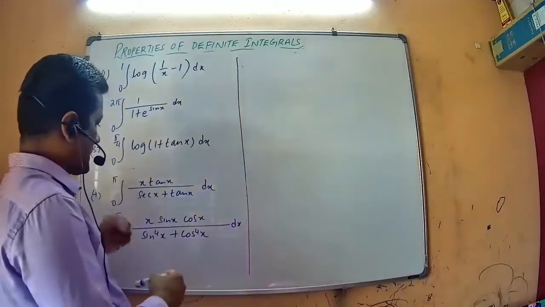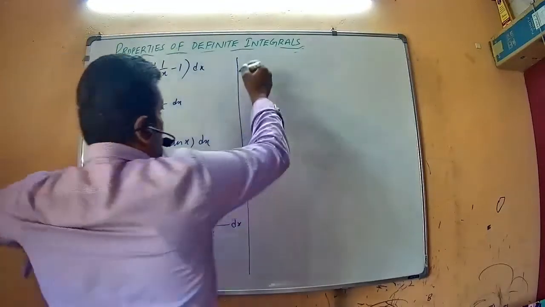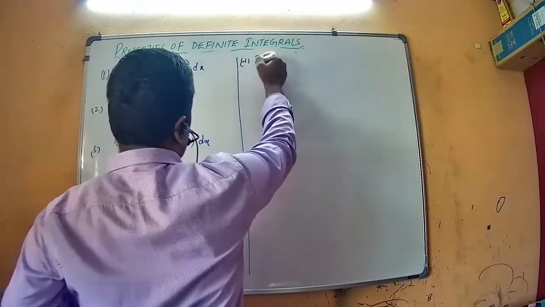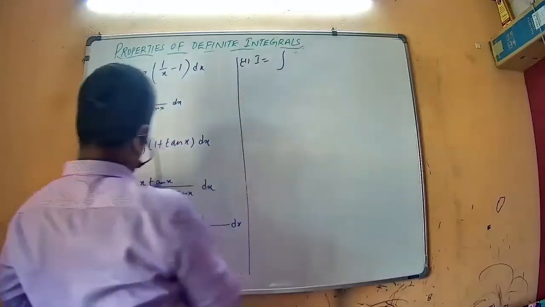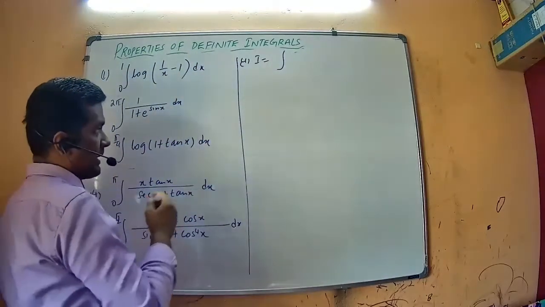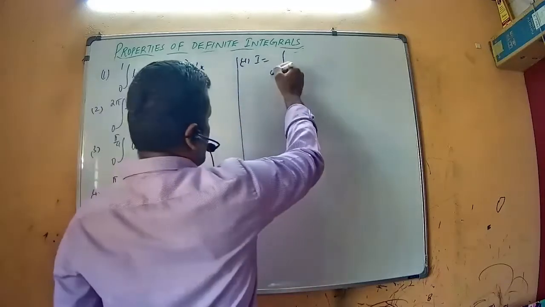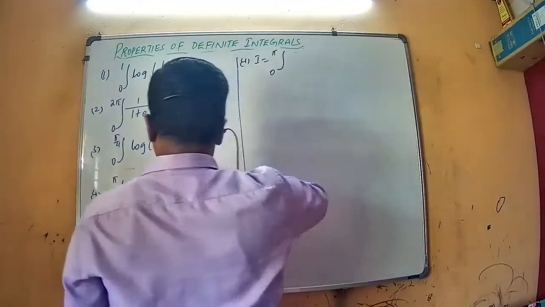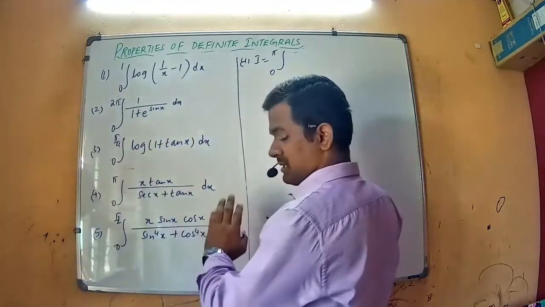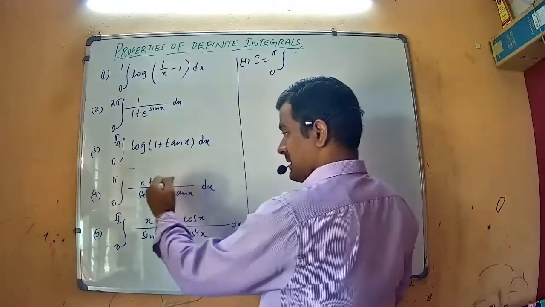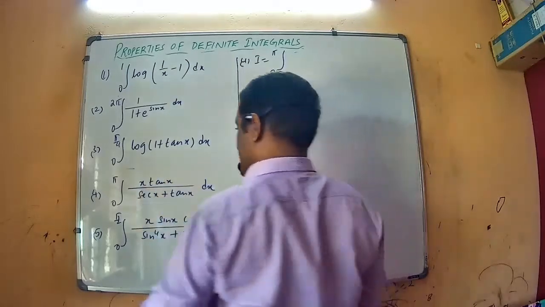Here, 0 to pi x tan x by secant x plus tan x. So I is equal to, applying the property again, lower limit is 0, applying upper limit minus x. Okay, before applying the property, I would like to convert tan and secant in terms of sine and cos.